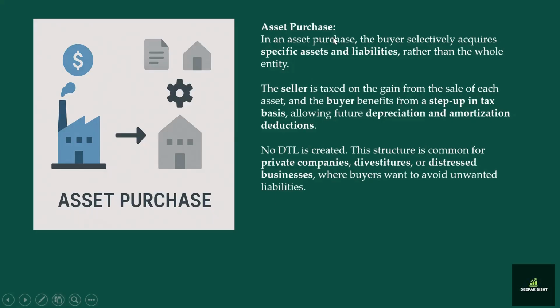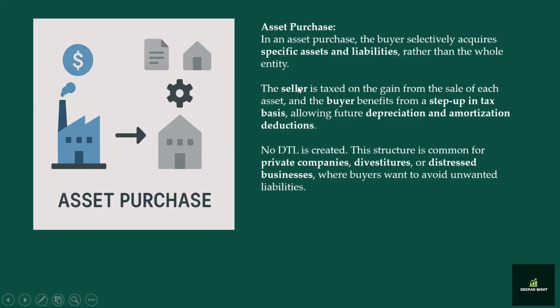Asset purchases, by the name itself, define that only the assets are being purchased. So if I'm only paying for the assets, I will only be liable for the money I actually have to pay for the assets.